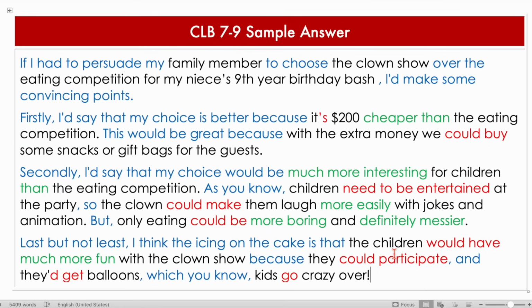Okay, also keep in mind, even though I said language and structure is not that important for higher levels, it is in a way, because level nines especially, they should have this vocabulary as part of their regular vocabulary. They should know comparatives. They should know about modalities.